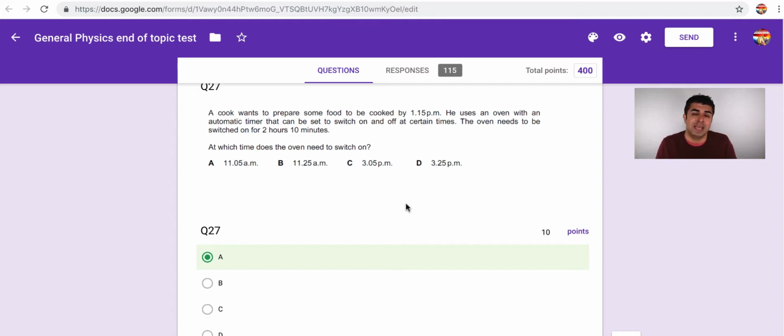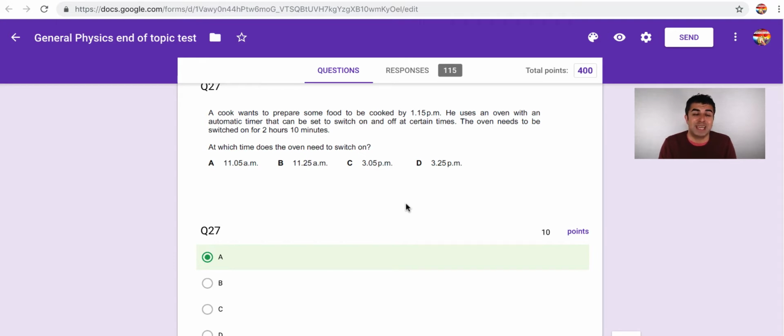Well, it needs to be cooked by 1:15. So quite clearly the time cannot be after 1:15, it needs to be before 1:15 because it needs to be finished at 1:15. Then it's a matter of being able to convert 2 hours and 10 minutes to suit this time of 1:15.